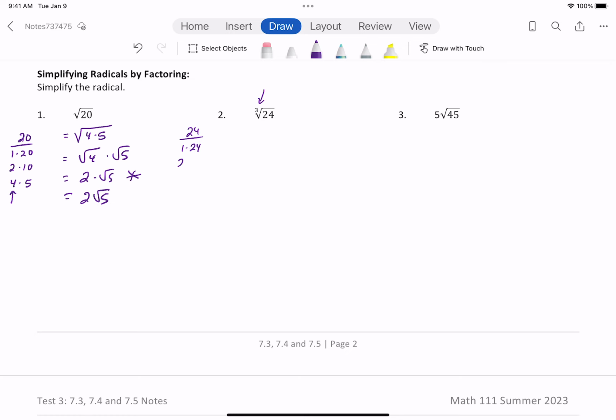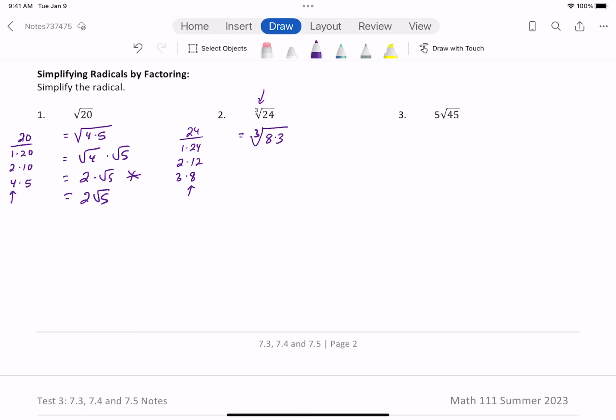So I'm going to keep going. 2 times 12. Neither one of those is a perfect cube. The next one would be 3 times 8. And 8 is a perfect cube. So I'm going to rewrite cube root of 24 as the cube root of 8 times 3.